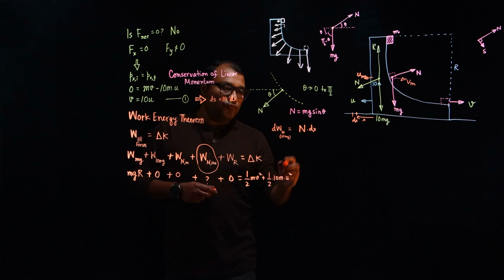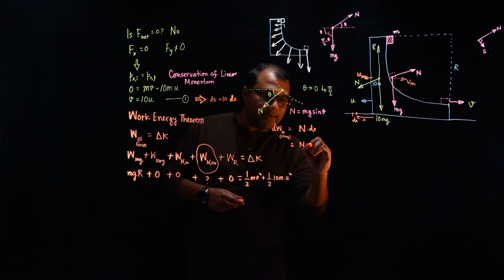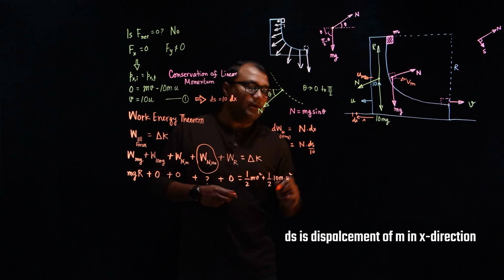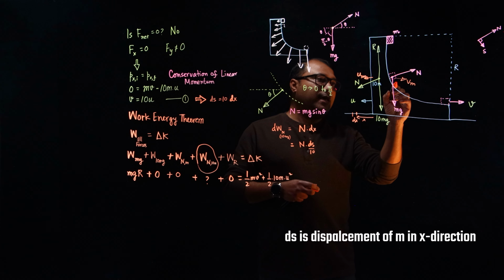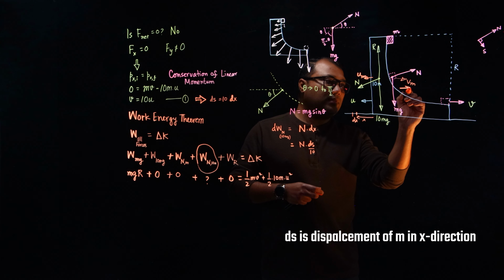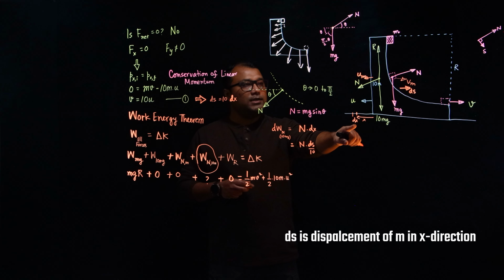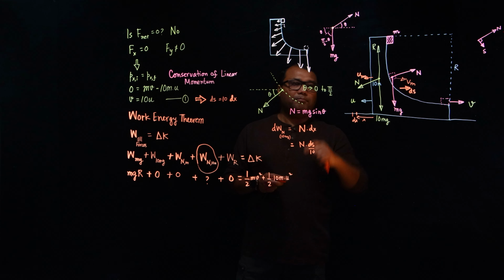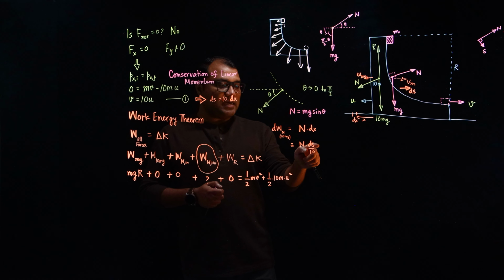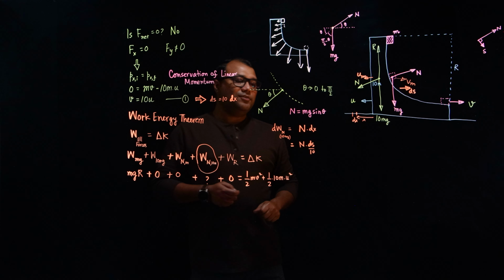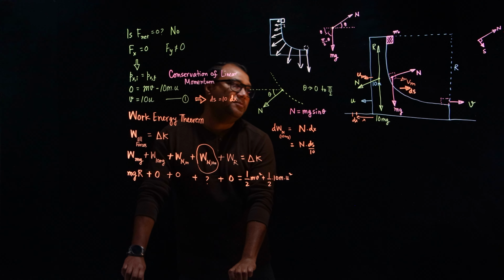So from this, we can further write that this is equal to N ds by 10, where ds is what the small m is now moving in this direction, corresponding to a small displacement by the big mass moving in the opposite direction. Now still we are not out of the weeds, because I have to find ds in terms of d theta. Now comes a little bit of geometry.